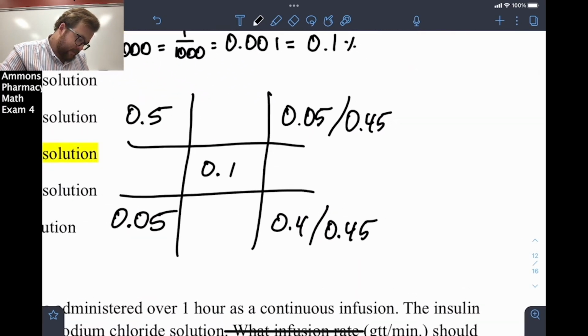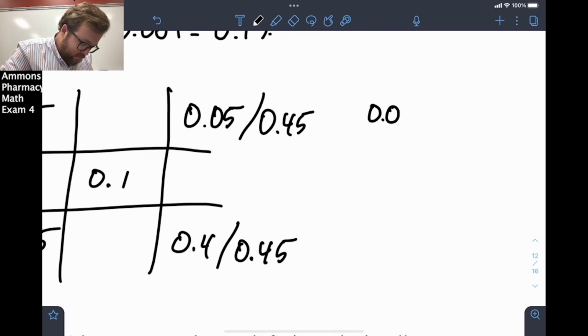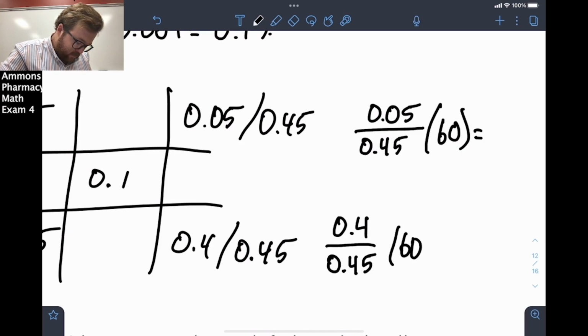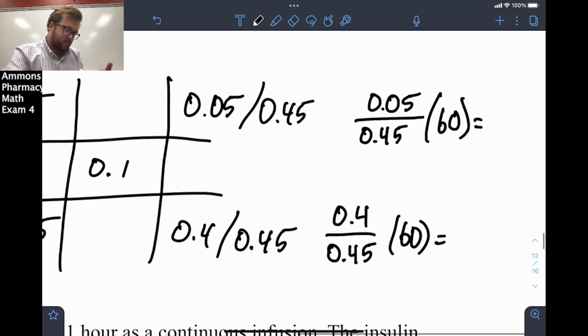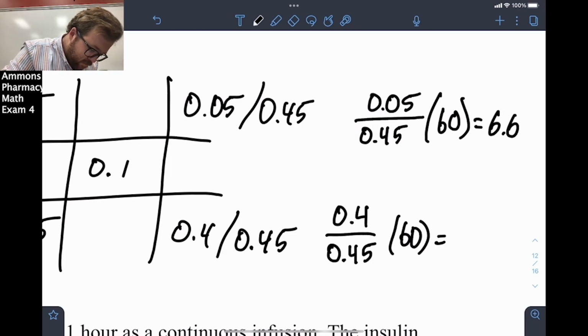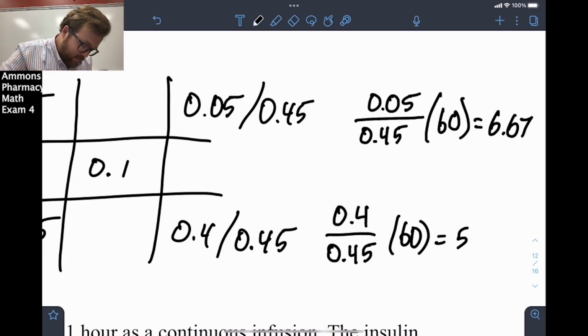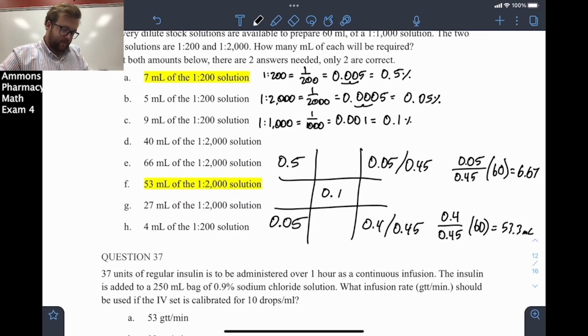We need to make 60 mils. That's the answer.